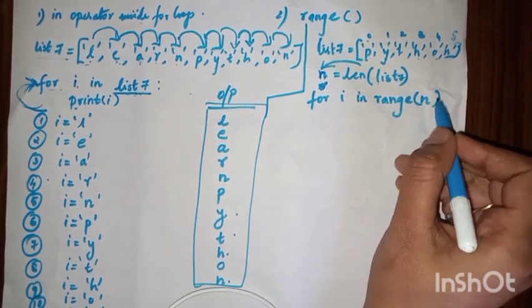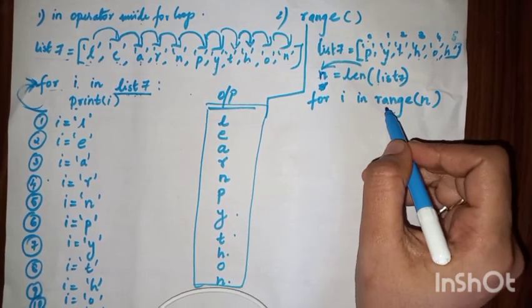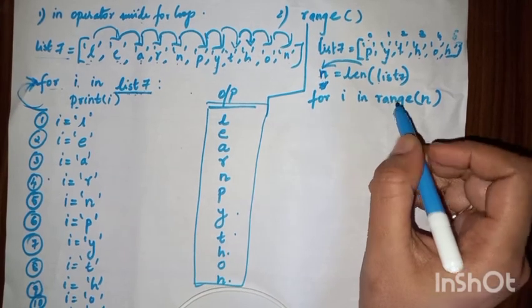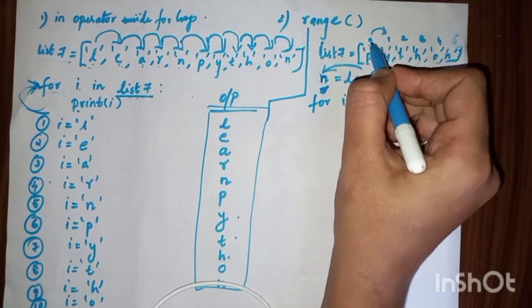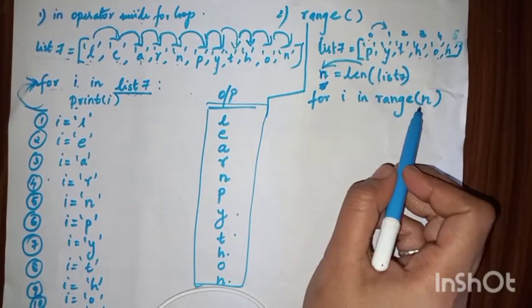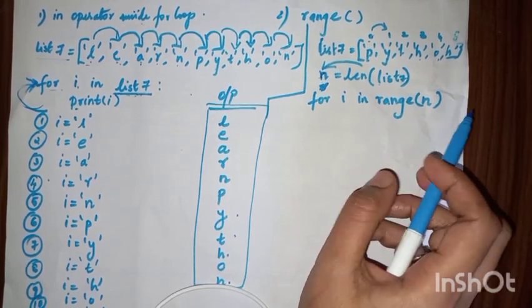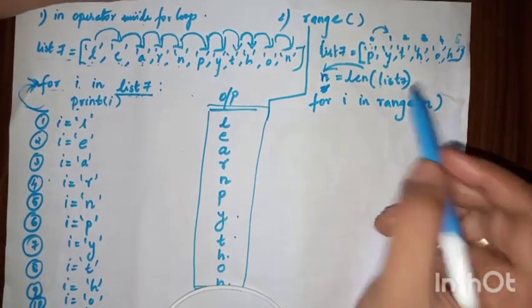Here only one parameter is given, so it is the stop, and start and step are considered by default. Start is 0 and step is 1. If we do not specify start and step, start will be 0 and step will be 1.